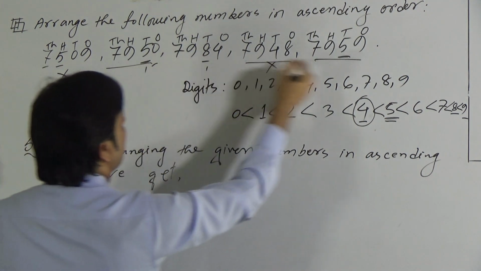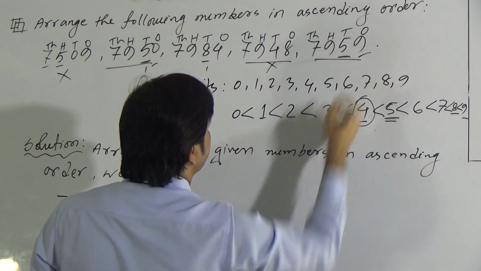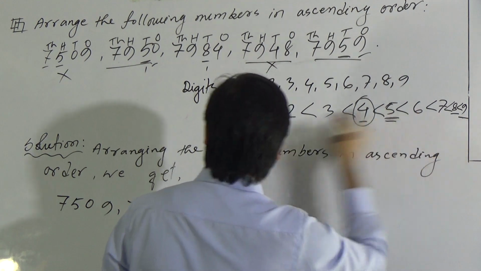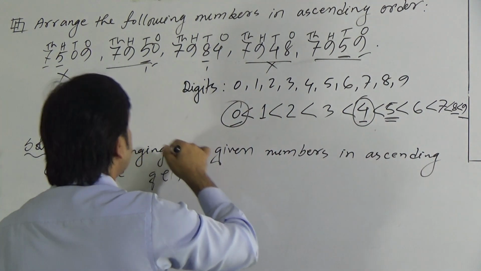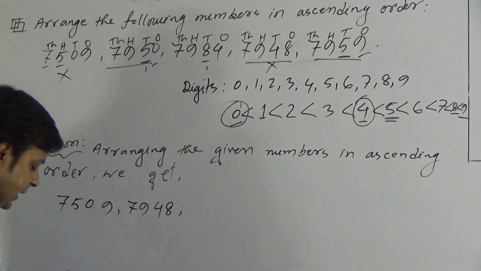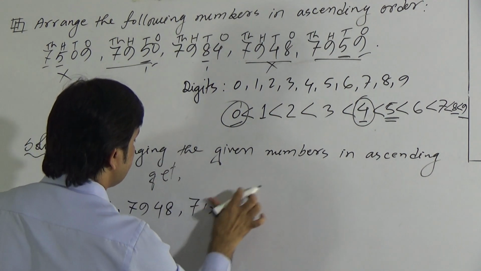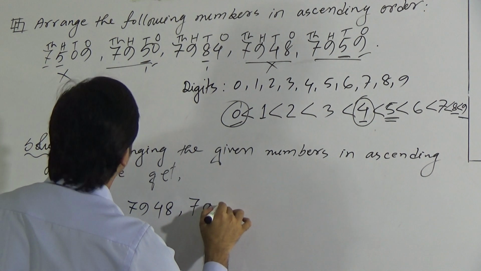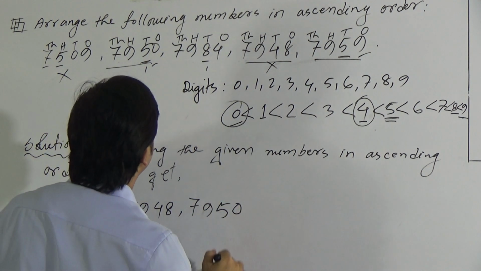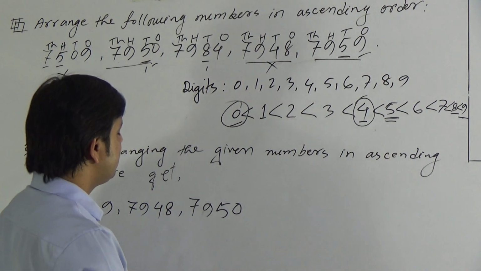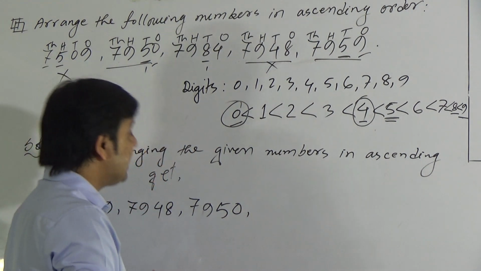Here is 0 in ones position, here is 9 in ones position. As 0 is the smallest, we can write the number containing 0 in ones position. So we can write here 7950.